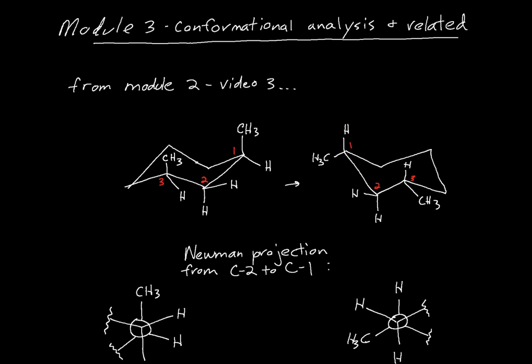There was some of this with the cyclohexane rings in Module 2, Video 3. So coming from there, we have a chair cyclohexane conformation. Remember the chair conformation. In this case, it's a 1,3 di-substituted chair with methyl groups.